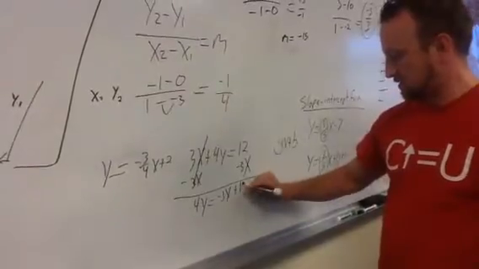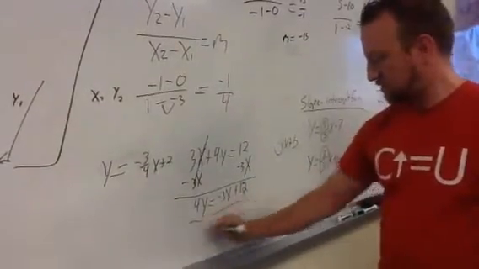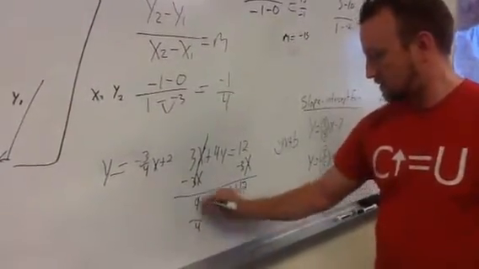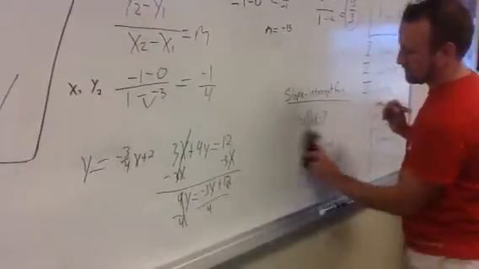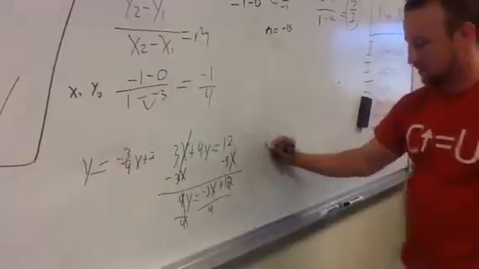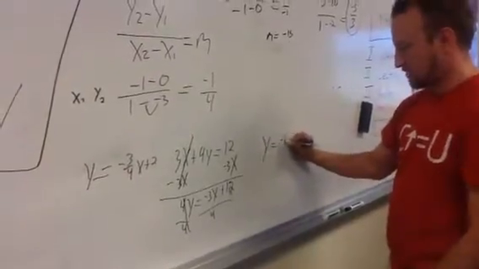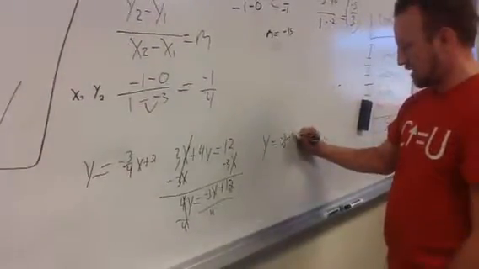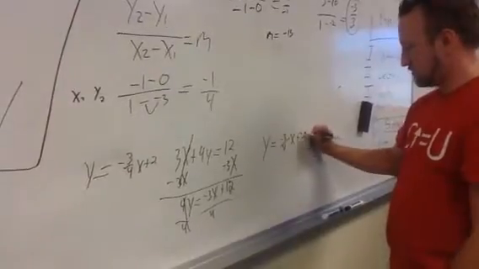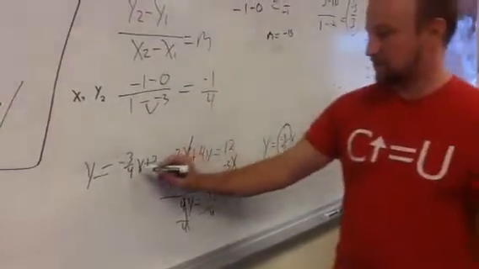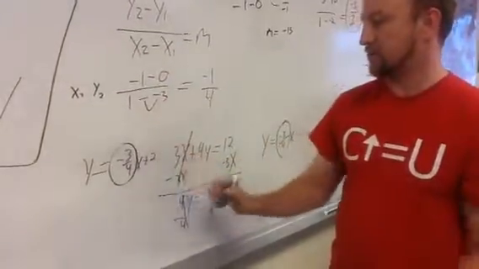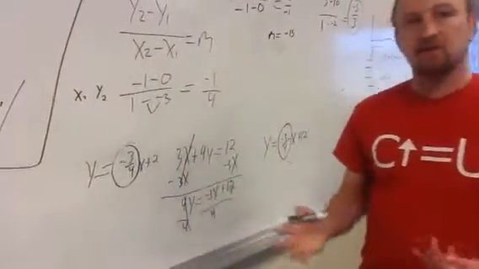And then divide both sides by 4. And then we get our answer here, which is y equals negative 3 over 4 x plus 3. Well, the slope is negative 3 over 4. The original slope over here was a negative 3 over 4. So yeah, that one would be parallel.